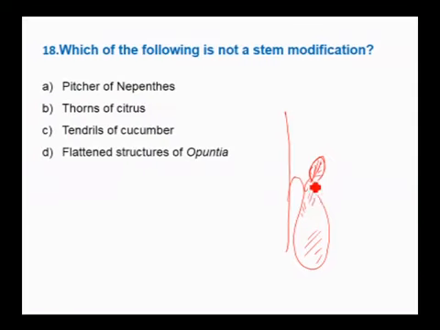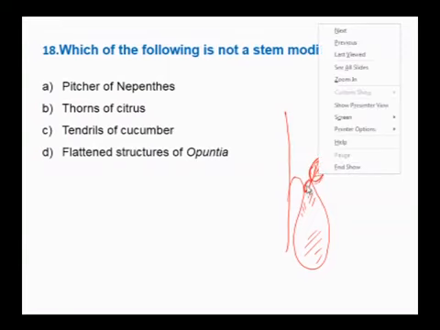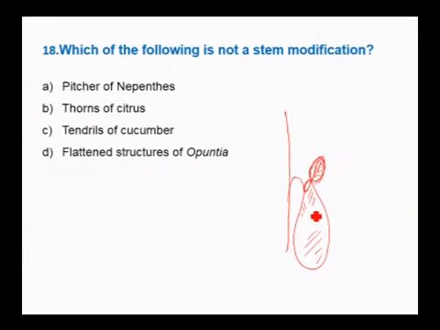This ostiole the plant keeps open. Due to the beautiful color of the lid, the insects are attracted. As they come here, they are trapped by sensory hairs. Once the insects fall in the pitcher, they are not allowed to go out; they are crushed and nitrogenous food is derived from them.